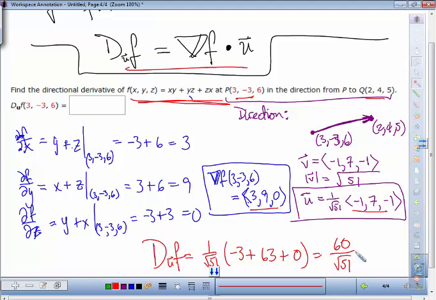If f was the function for temperature, the rate of change of temperature would be given by a directional derivative depending on which direction you're moving. Okay? Any questions?